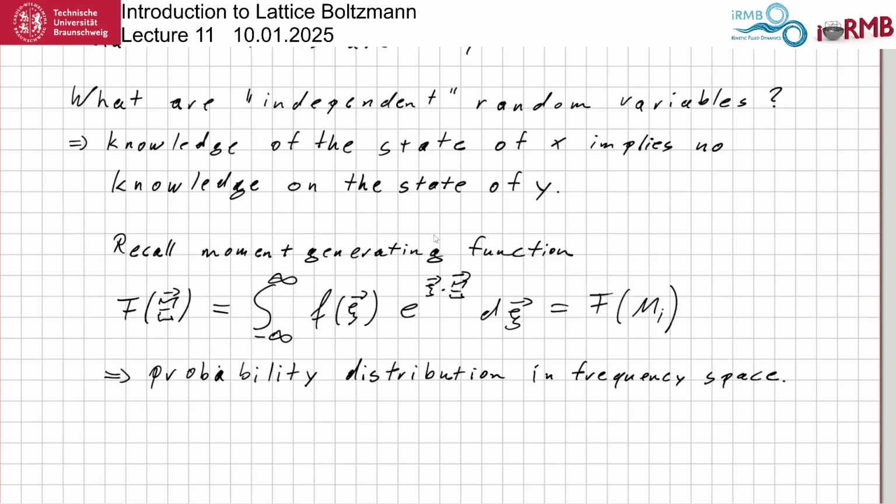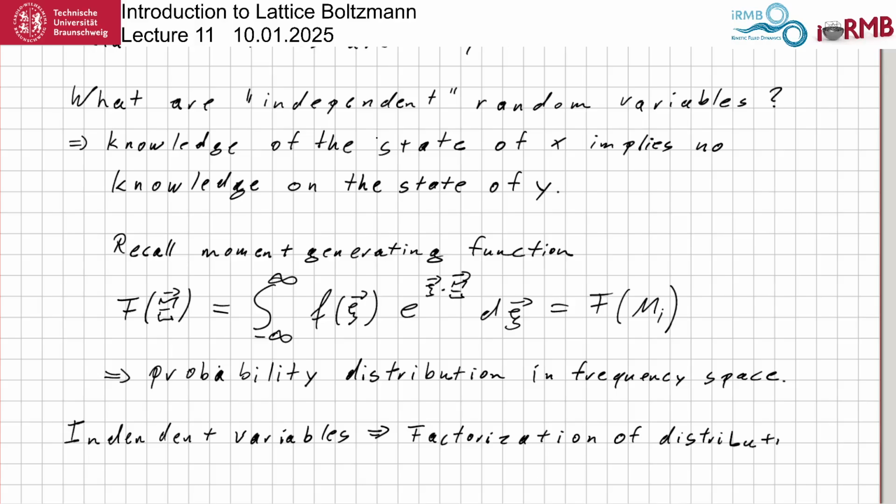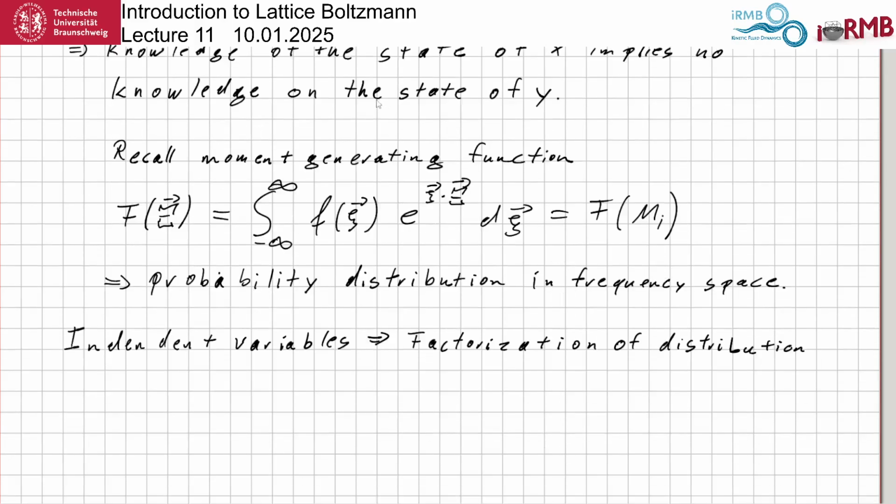Okay. So this is an important property that we are going to use. Independent variables mean that we have a factorization of the distribution. So say we have this joint, the big F, that is a function of all the moments.